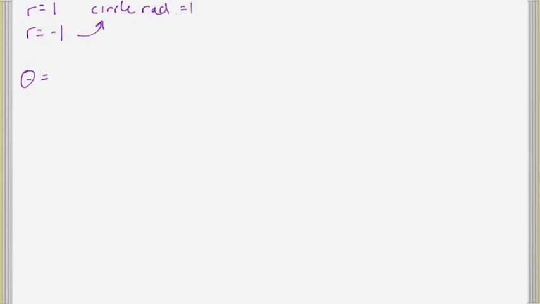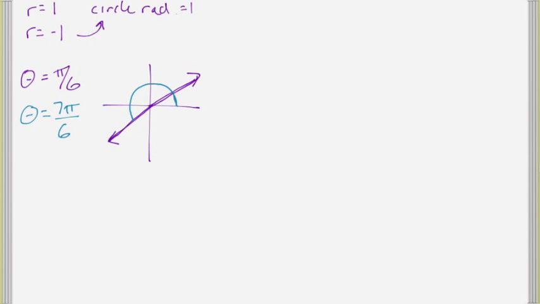If I have theta equals pi/6, that's going to be a line at a pi/6 or 30-degree angle with the x-axis. Another equation that would describe this same exact line would be to think about, instead of just going to pi/6, going all the way around to this value, which would be 7pi/6. That will give you exactly the same line.